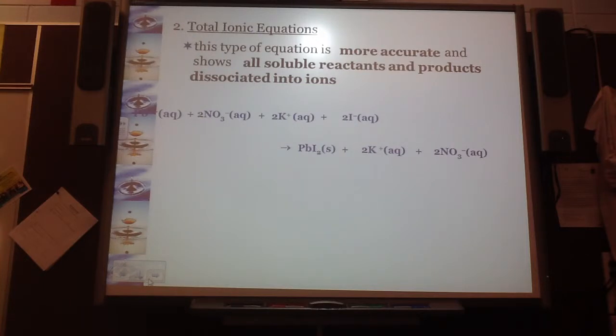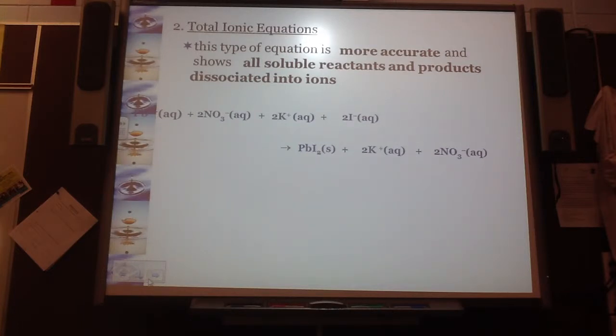Now, our reaction arrow, I want you almost to think about it like an equal sign, okay? Every ion that's on the reactant side needs to have the same amount on the other side. So we see that.